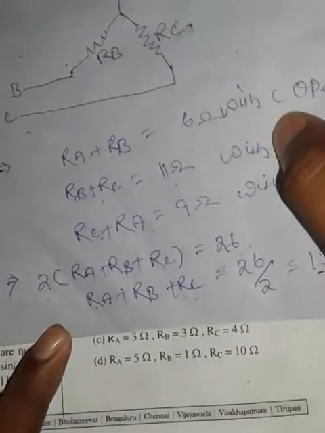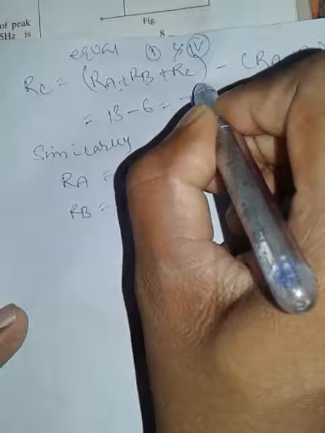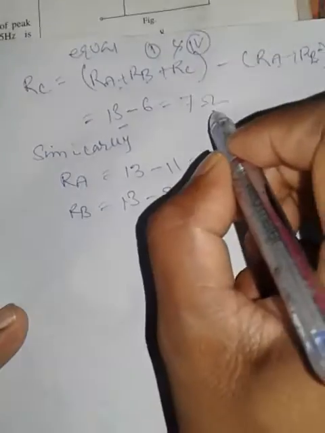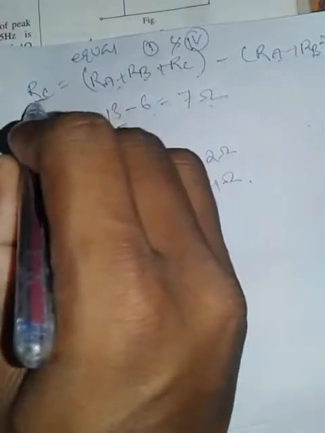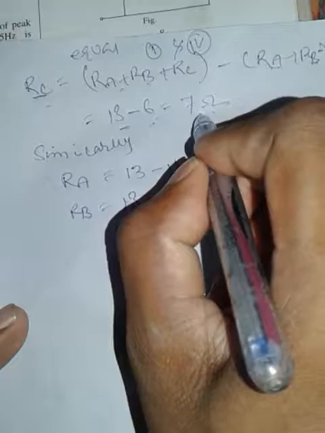So the total resistance of the 3 terminals will be 13. When we calculate individually, RA plus RB plus RC is equal to 13, but RA plus RB, the first equation they have given, is 6. So RC we are getting is 7.